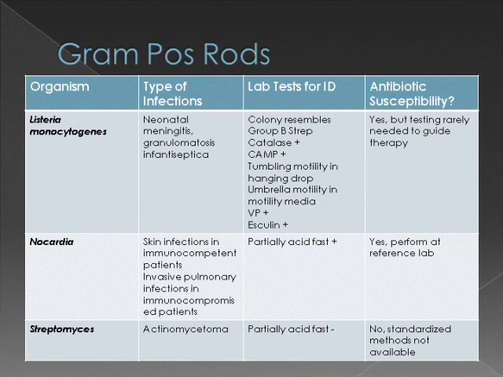It is catalase positive. It's CAMP positive, has some tumbling motility in the hanging drop and an umbrella motility in the motility media. It is VP positive and esculin positive.